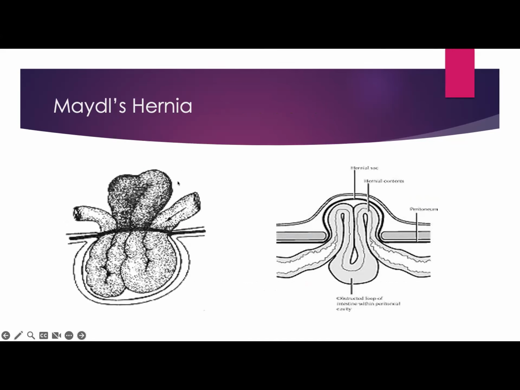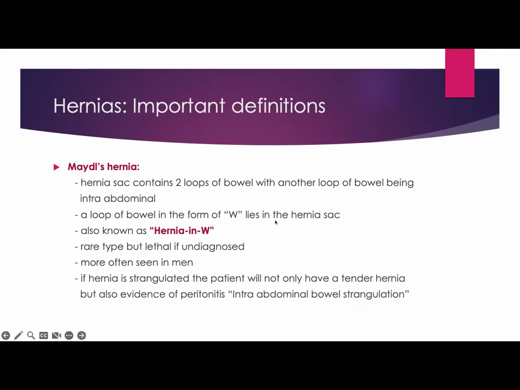However, there is a risk of strangulation of this part of the W, and as you can see, this part is not inside the hernial sac itself, so it may not produce a lot of pain due to the strangulation. That's considered a major risk factor for deterioration. It's a rare type, but lethal if undiagnosed, and it's more often seen in males.